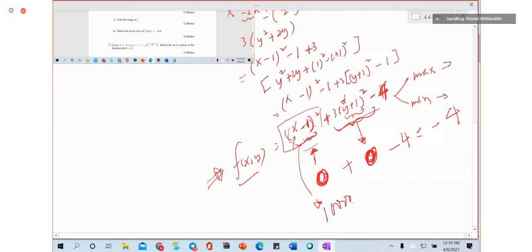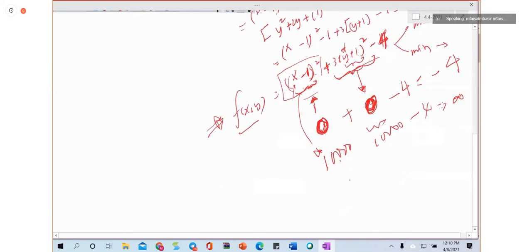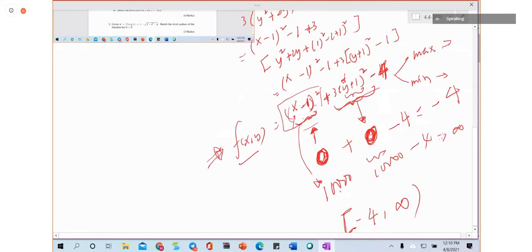Here also the same, 10,000 minus 4, we have something bigger, which will lead to positive infinity. So the range will be negative 4 to infinity. It is closed because there is no division, no square root or anything. So this is your range.